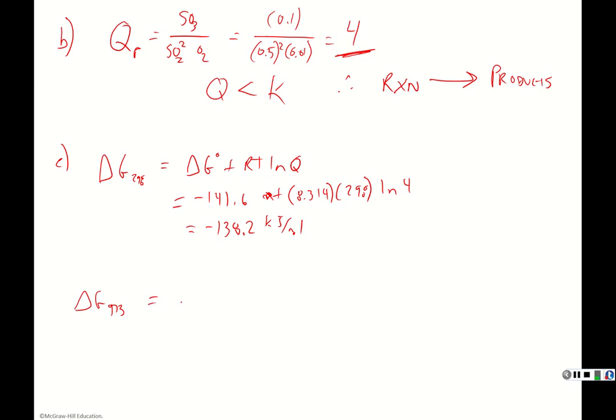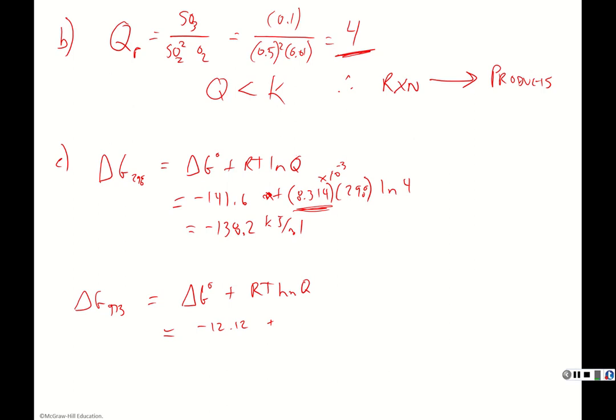At 973, again, we have our delta G naught, which we've found, plus RT times ln of Q. This one is negative 12.12 kilojoules per mole plus, sorry, I didn't show this, here we needed to convert R into kilojoules, so it'd be times 10 to the minus 3.